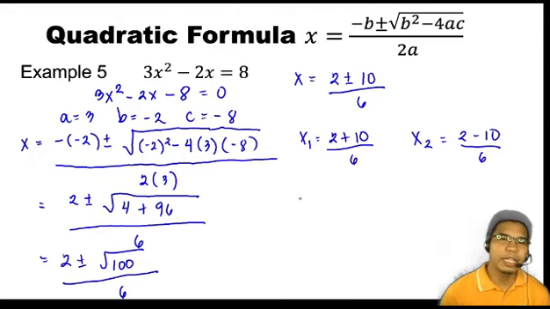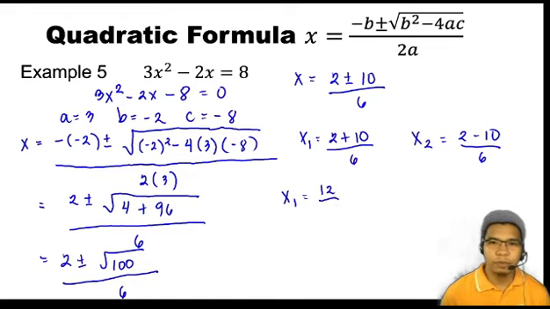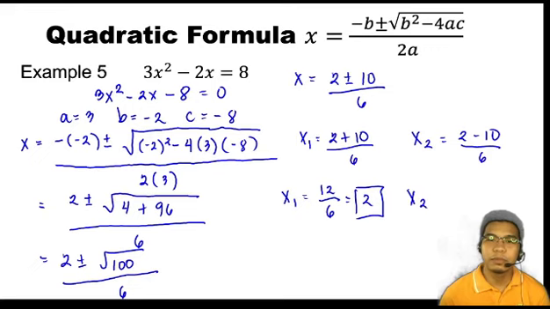After that, proceed with simplification. X sub 1. 2 plus 10 is equal to 12 over 6. So 12 divided by 6 is positive 2. So that is x sub 1. And then for our x sub 2, 2 minus 10 is what? We have negative 8 over 6.